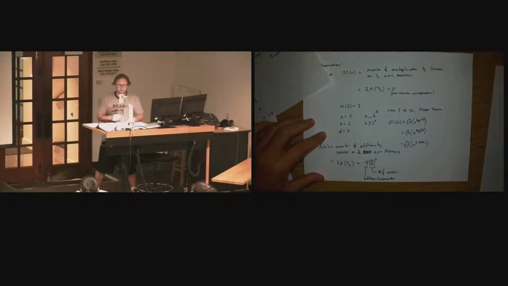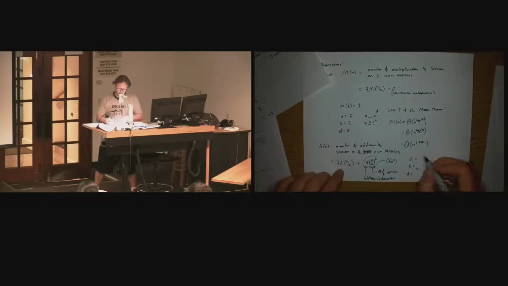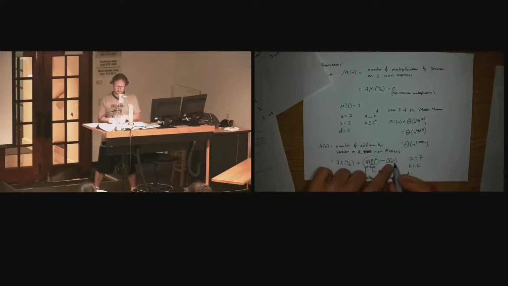So now again, we just pull out our tool. This is of the form that you can apply the master theorem to. And this function right here is just going to be order n squared, right? So a, b, and d. A is going to be 7. B is going to be 2. And what is d? This is bounded by a polynomial of degree 2.